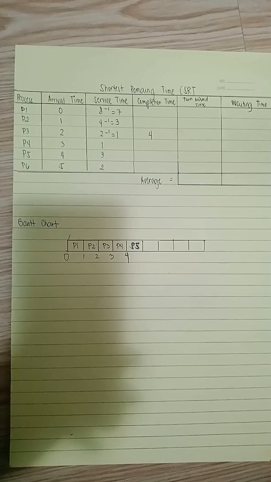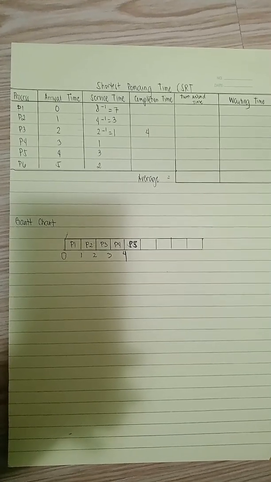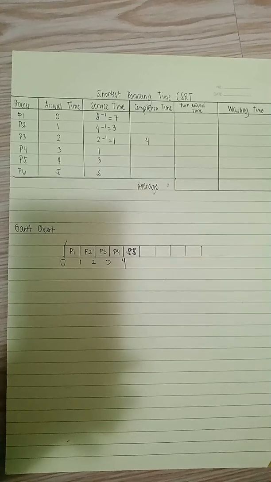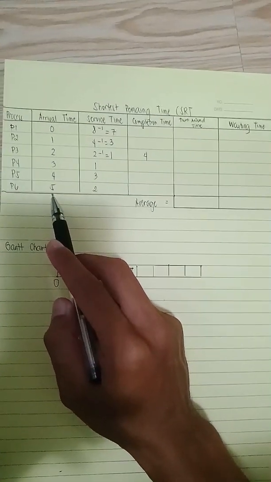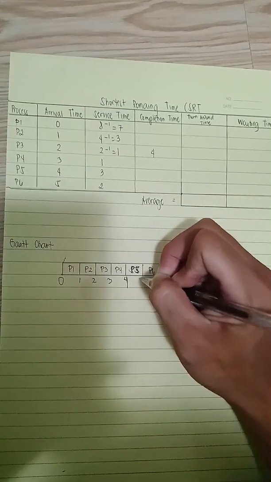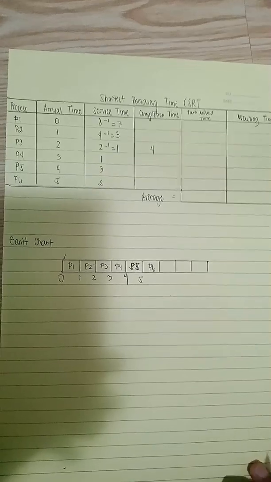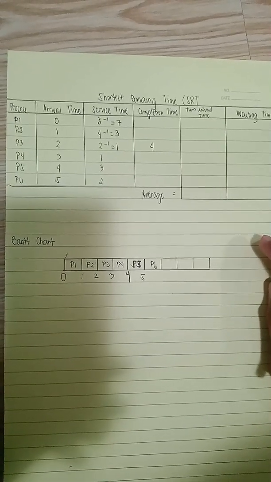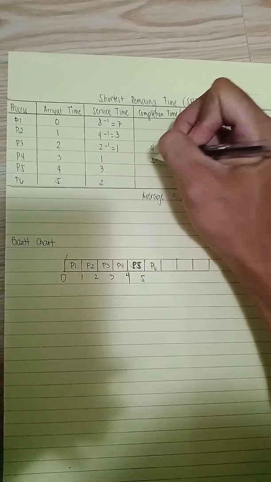The next process to be executed is P4 because it has only 1 remaining time. At time 5, P6 arrives. And at this time, P4 has completed the execution.